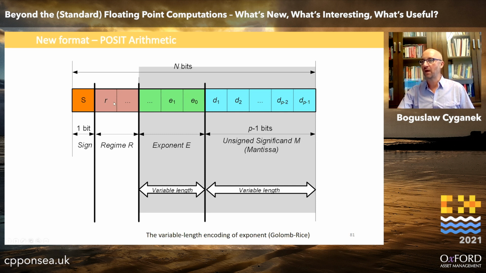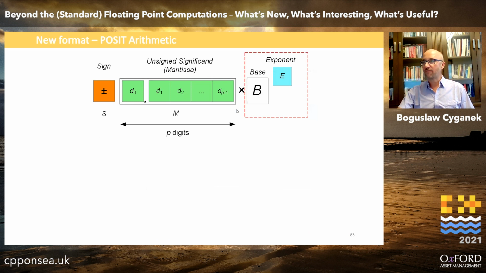But then we can play with the regime, exponent, and fraction. The number of bits for the regime is a parameter here. But the exponent can be from 0 to some number of bits, just to fit into n bits, and they exchange room with the fraction. So here we have ES, the number of bits used for the exponent. And for IEEE 754, the formula was like this.